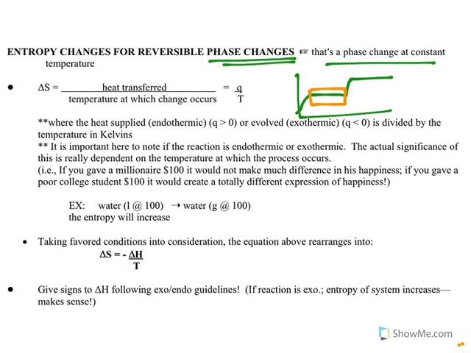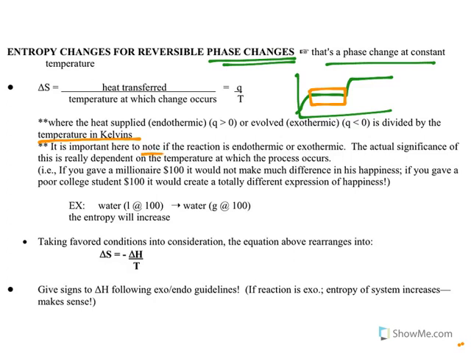So that's what we're talking about here, and really delta S can be calculated by taking the heat transferred divided by the temperature at which it occurs. It's important to realize, again, our temperature here has to be in Kelvin, because we wouldn't want to divide by 0 at any point, that's not going to work.